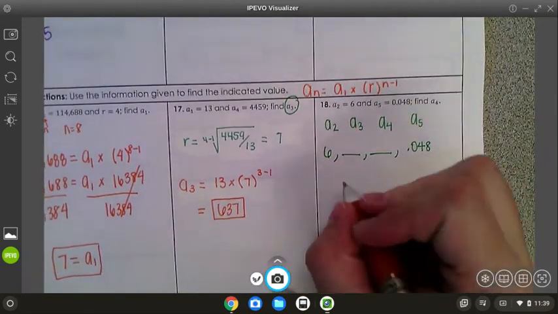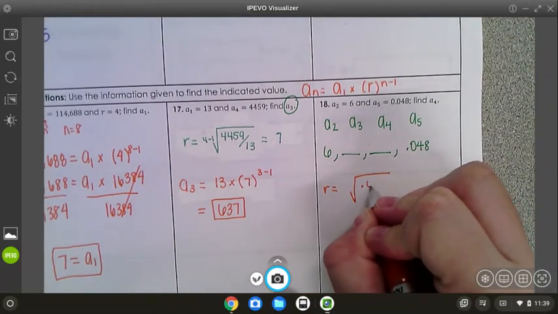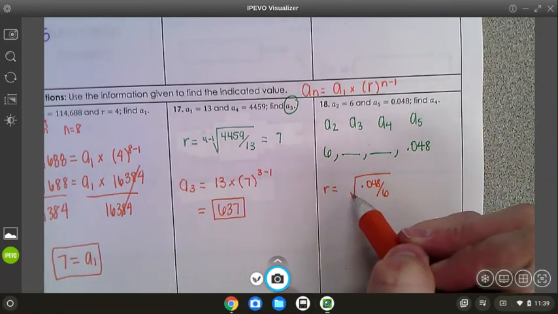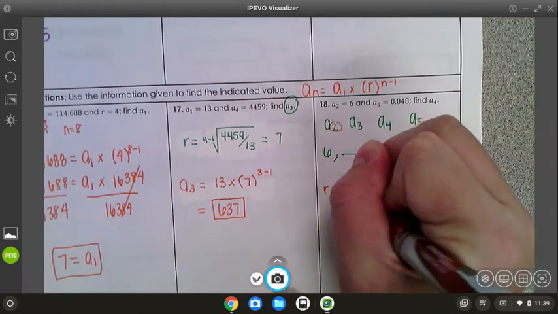So we got to find our R first. 0.048 divided by 6, and then it's going to be the 5 minus 2 root.